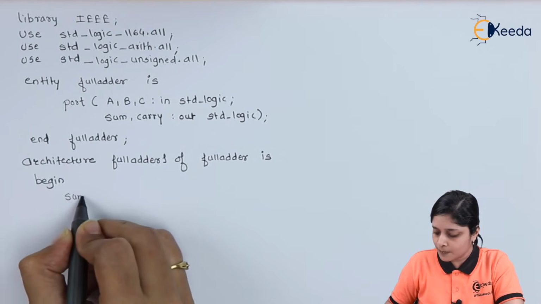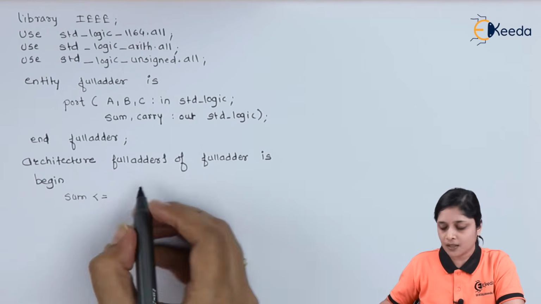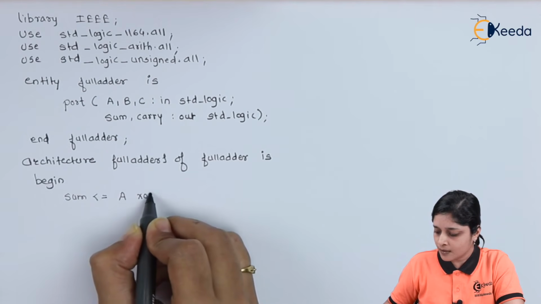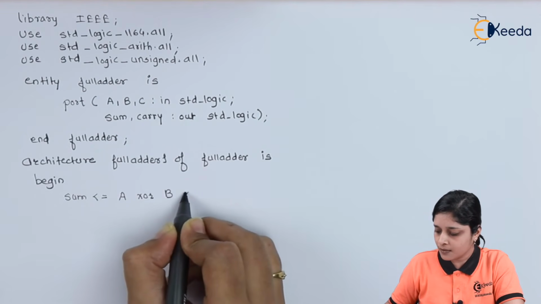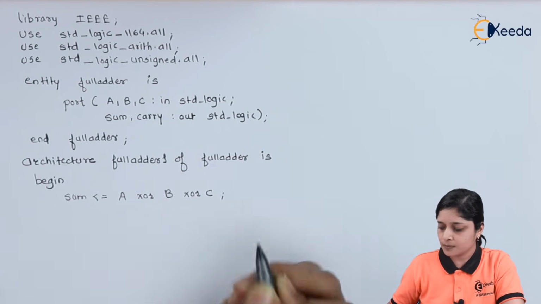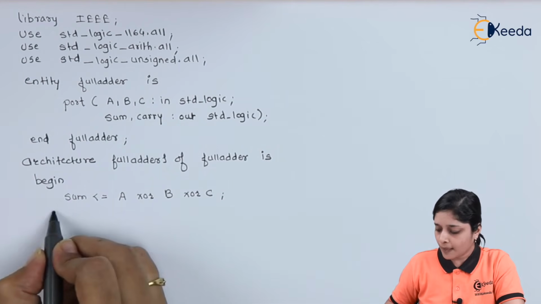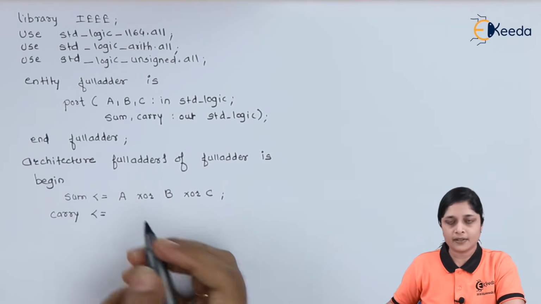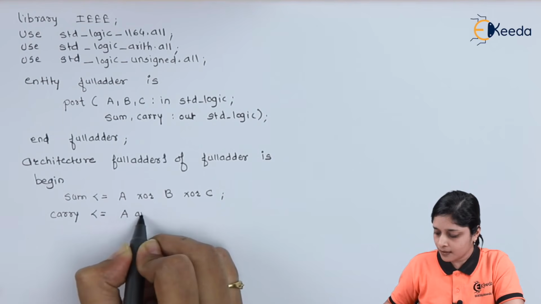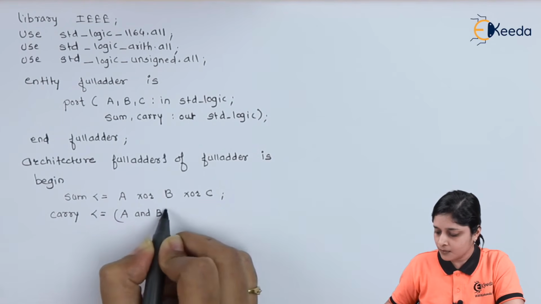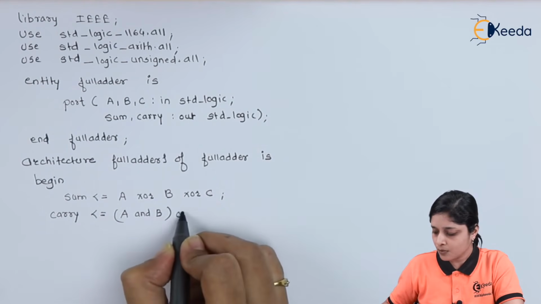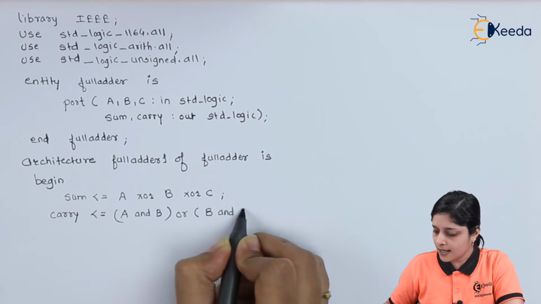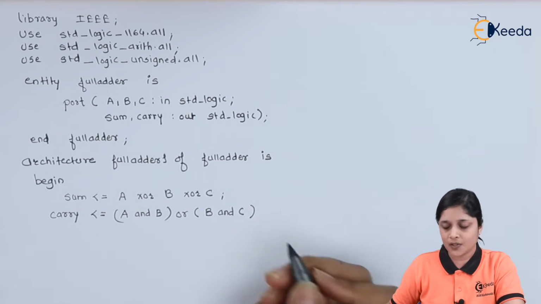So for sum, your equation becomes A XOR B XOR C, and for carry you have to write A and B inside the bracket, or B and C inside the bracket.